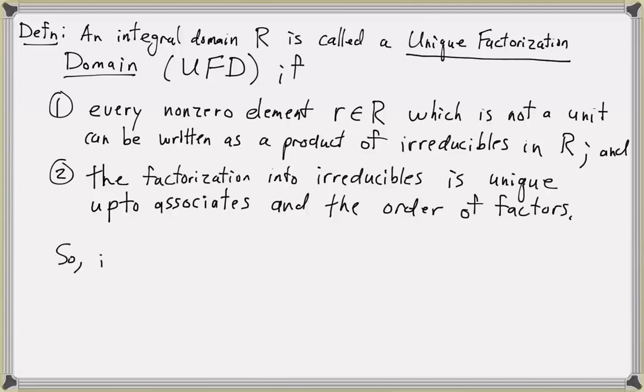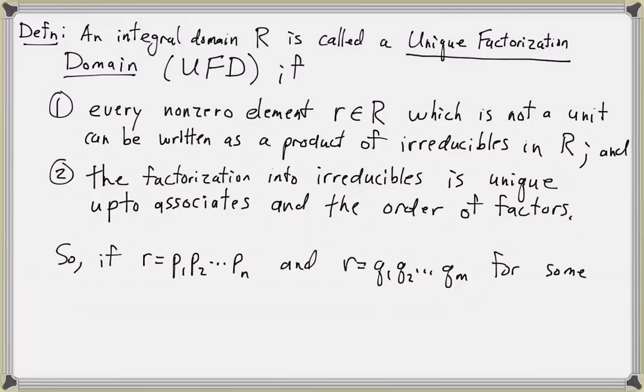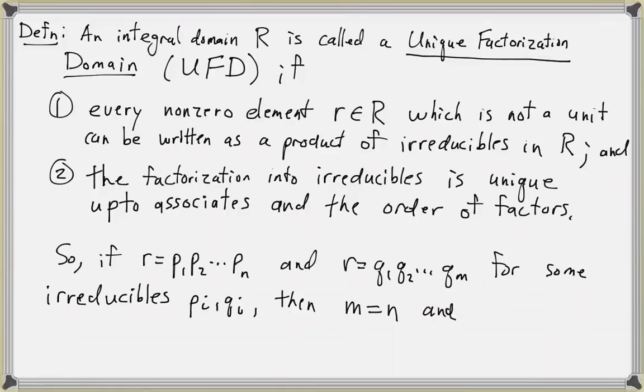So in general, if we can write r as the product of irreducibles p1, p2 up to pn, and also write r as the product of irreducibles q1, q2 up to qm, then the only way this is possible is if there's actually the same number of factors, m equals n, and each pi is an associate of one of the q's, so for some qj.